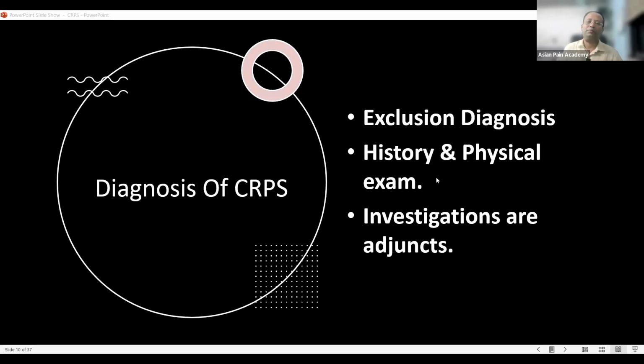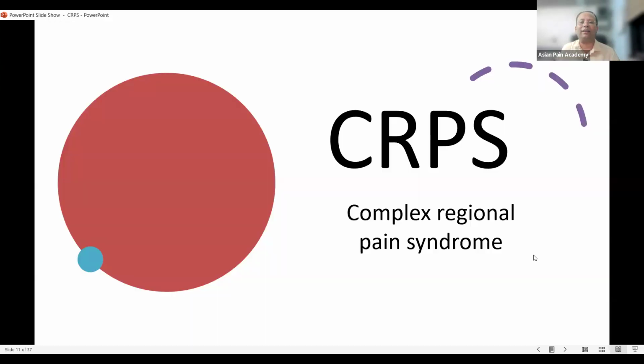Here we have to see mainly the musculoskeletal system and neurological system, whether the patient is intact or not, whether there is any sensory or motor deficit. Investigations are adjunct, so from investigations we do not actually get too much.